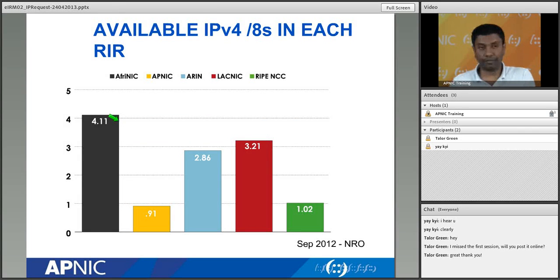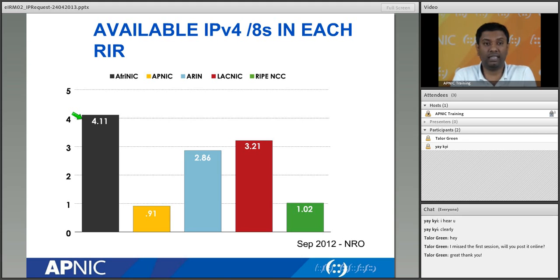So let's see which registry has got how many /8. This is the NRO stat from September 2012. According to the stat, APNIC has got less than 1 /8, which is 0.91 /8. That's why in the APNIC region we have the final /8 policy.